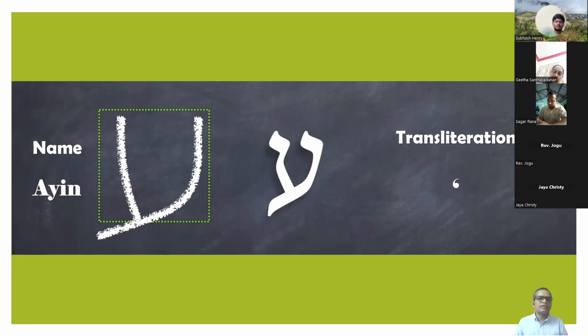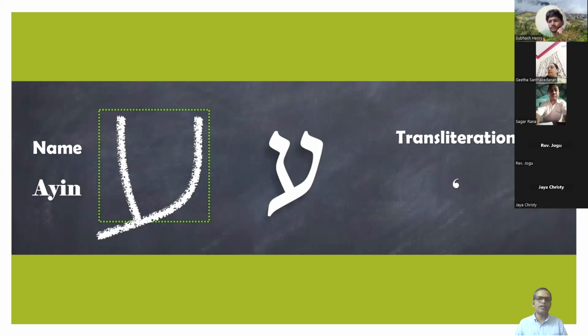Ain. What is the transliteration of Ain? Surprisingly, for Aleph we have seen that there is no equivalent English letter for transliteration purpose. In the same way, for Ain also you don't have an English equivalent letter. So what happens? The single closing quote is the transliteration for Aleph.